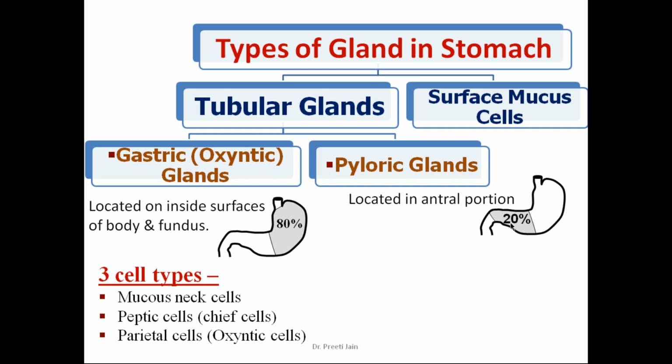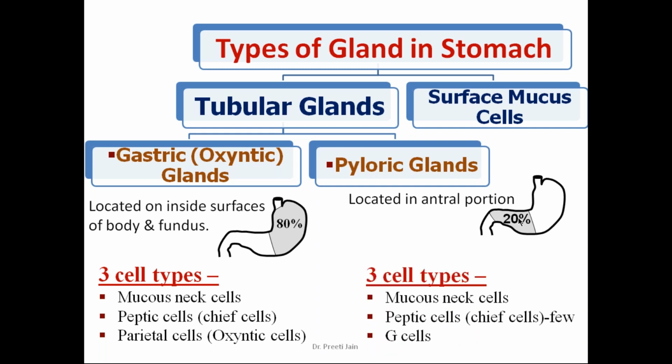Pyloric glands are located in the distal 20% of the stomach, that is, in the antral portion. They also contain mucus neck cells and peptic or chief cells, but as compared to the gastric glands, the peptic cells are fewer in number. And instead of the parietal cells, these pyloric glands contain G cells, which secrete a hormone by the name of gastrin.